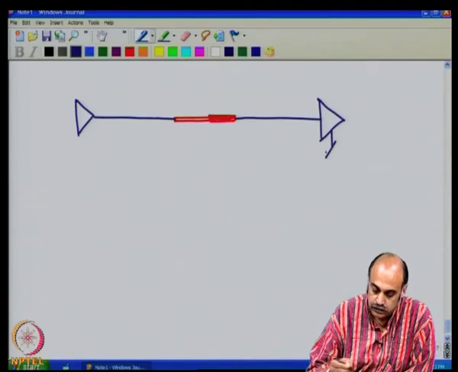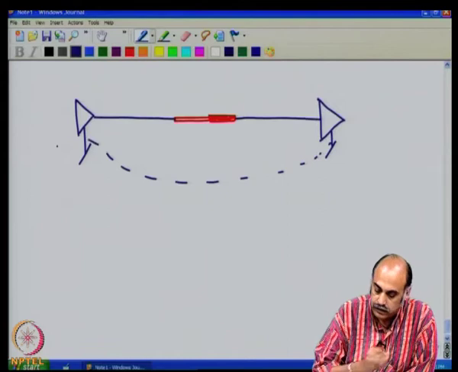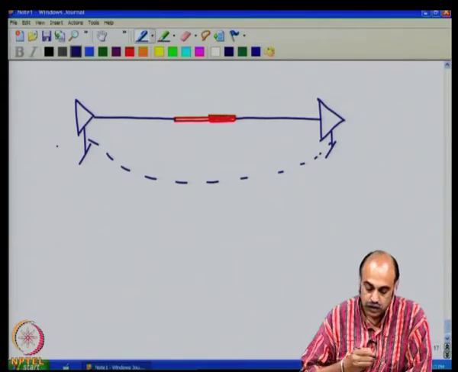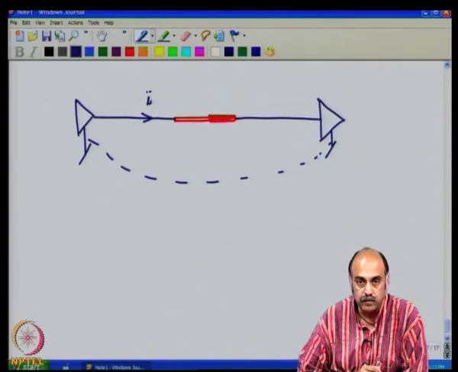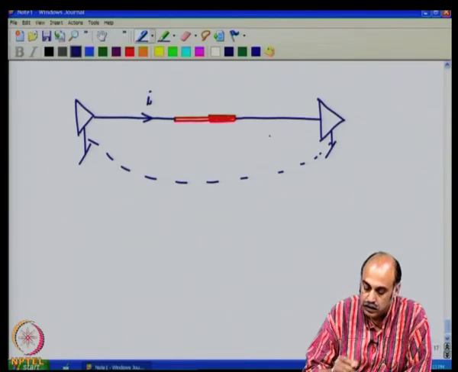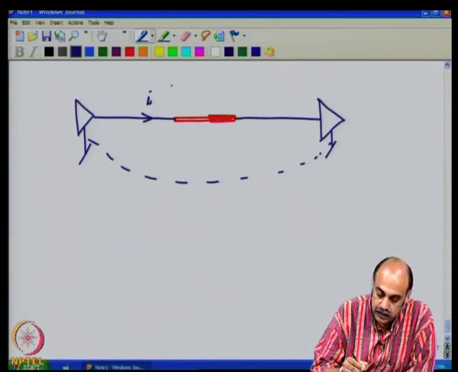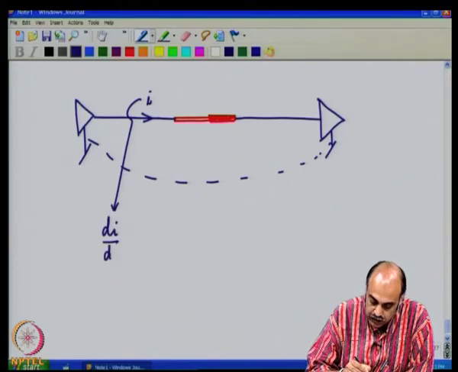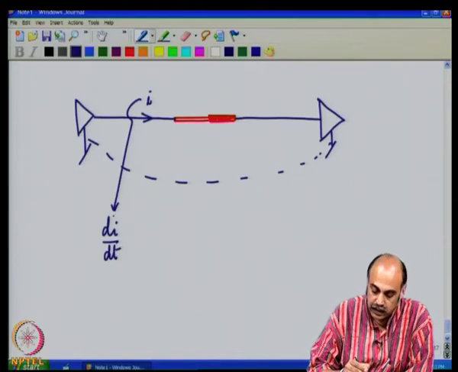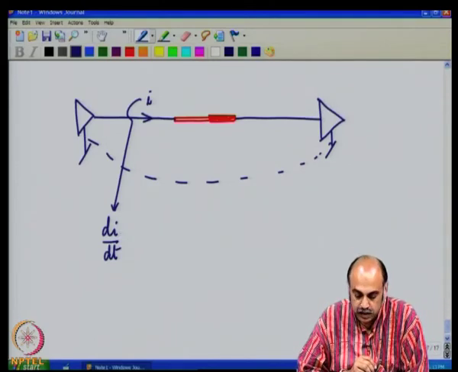Of course, you have a ground, and there is a ground return path somewhere. Now, the current I, which is being driven from the source side into the load side, and the dI by dt of this is one major culprit. So, if you can reduce this dI by dt, then the crosstalk can significantly be reduced.